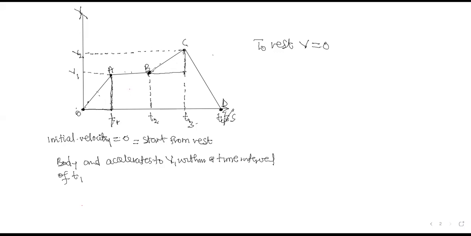So determining the slope at every point gives you the acceleration. If you find the slope of CD, which is the change in the vertical against the change in horizontal, you determine the deceleration, the uniform deceleration.